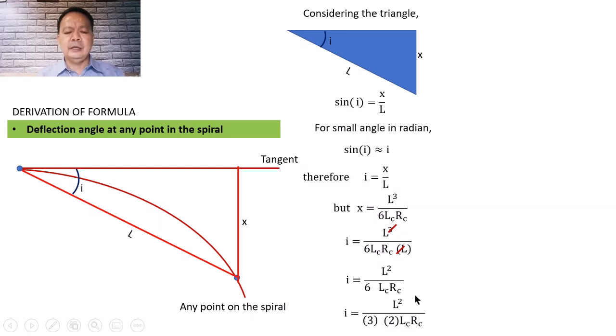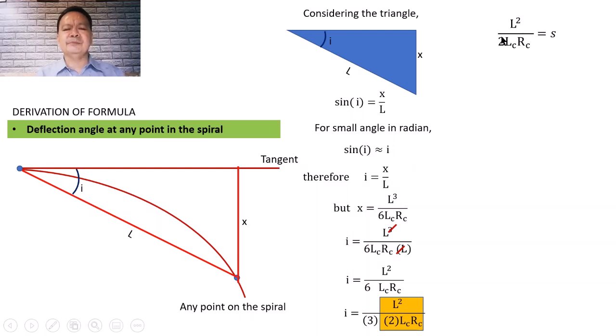And once that is factored, meron tayong nabuong combinations of the elements such that the L squared over 2 L sub C R sub C, which is this one, is equal actually to our S, which is defined as the spiral angle at any point on the spiral.